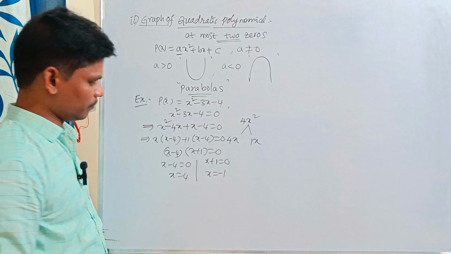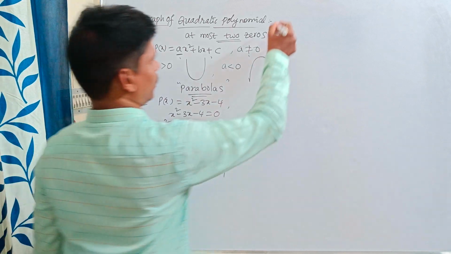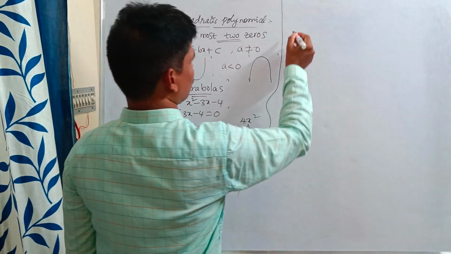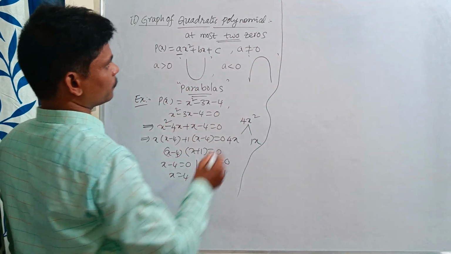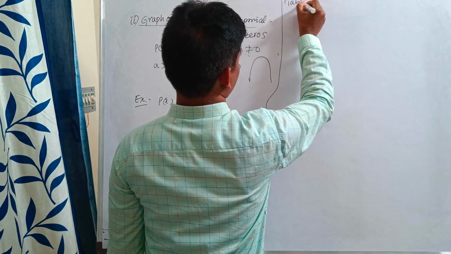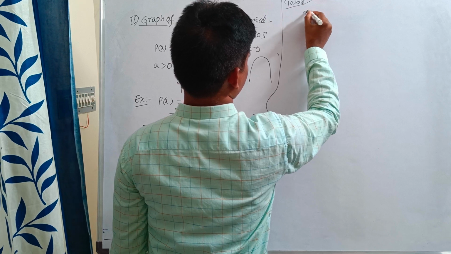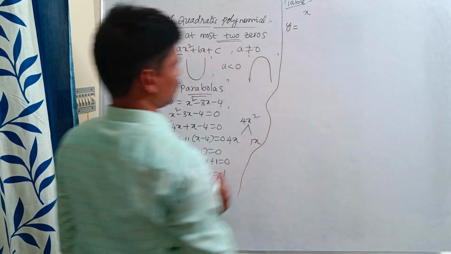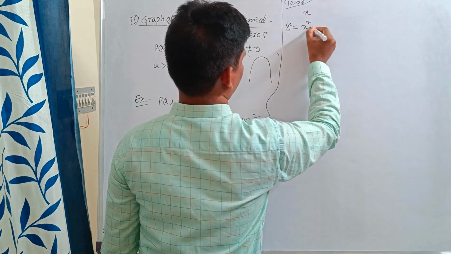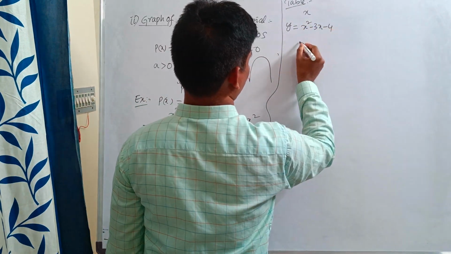So take the values of this quadratic polynomial. The equation of this quadratic polynomial is y is equal to x square minus 3x minus 4.